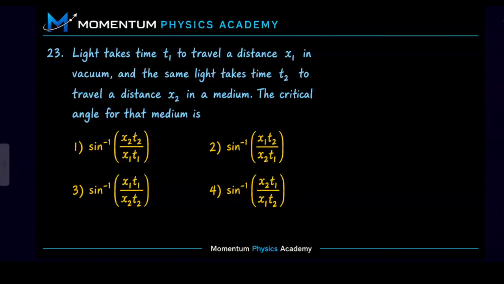Next. Light takes time t1 to travel a distance x1 in vacuum. The same light takes t2 to travel x2 distance in a medium. Critical angle is asked.